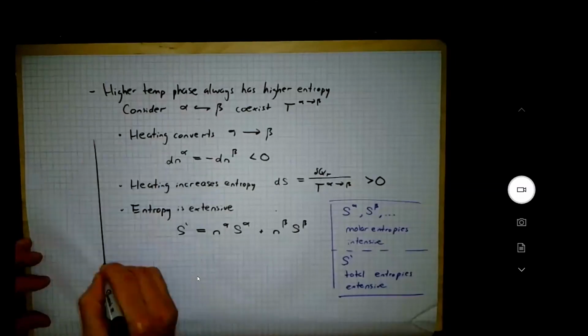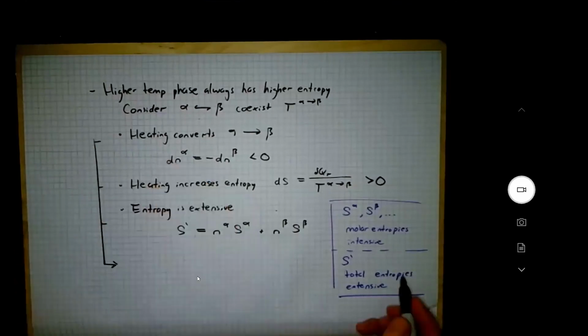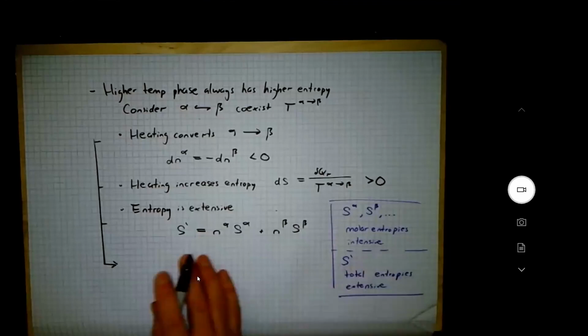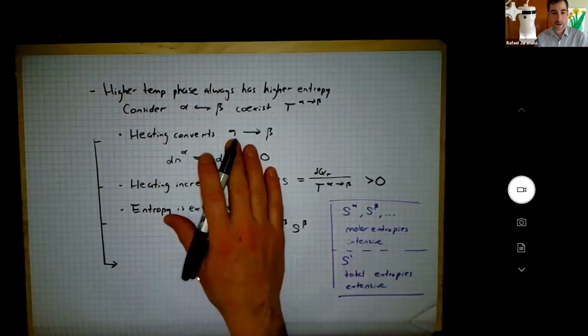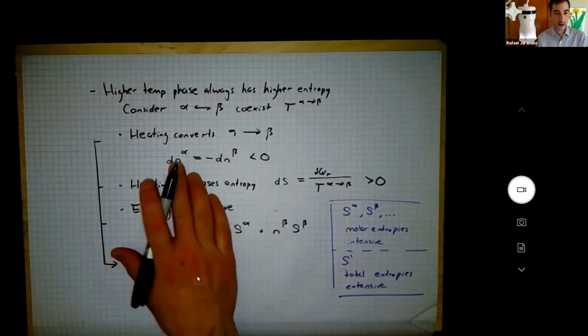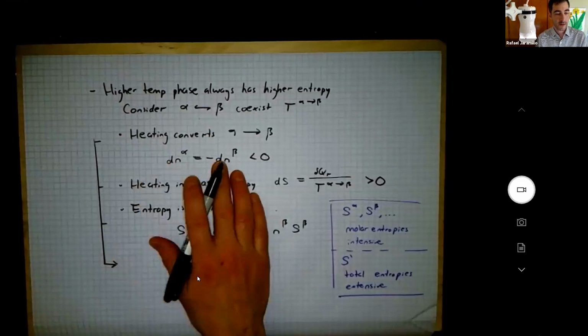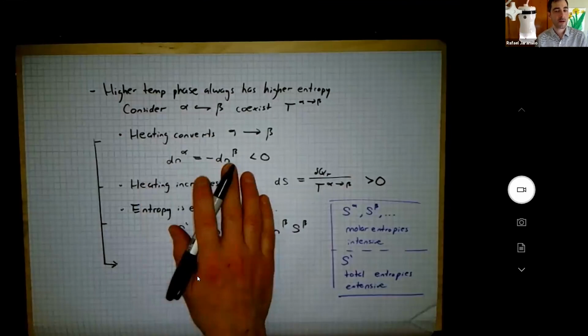Yeah, I have a question. Yes. So the line where it says heating converts alpha to beta, is that talking about molar quantities? Well, here it's just a phase label, so it's not really molar quantities. But here, what we're saying is that we're converting moles of alpha into moles of beta. So n of alpha is the number of moles of alpha, and n of beta equals the moles of beta.